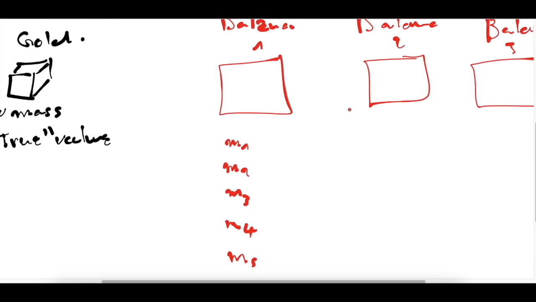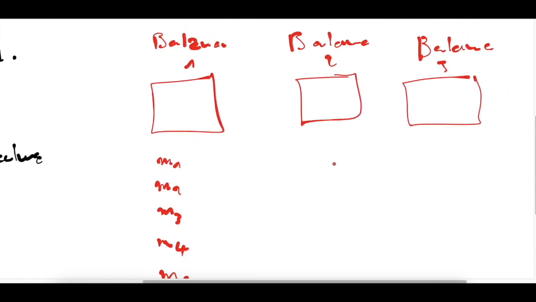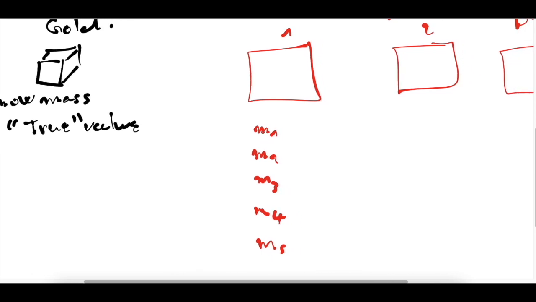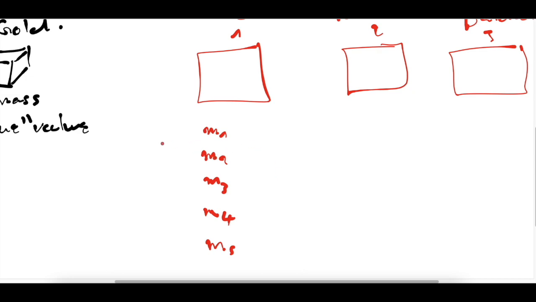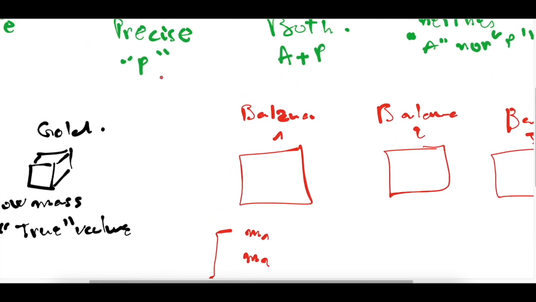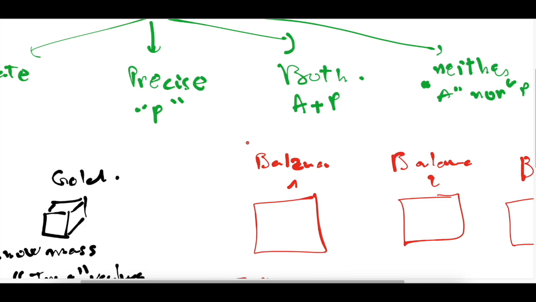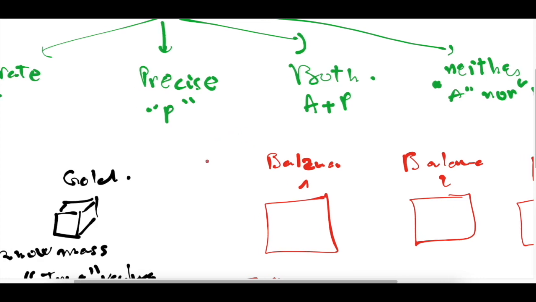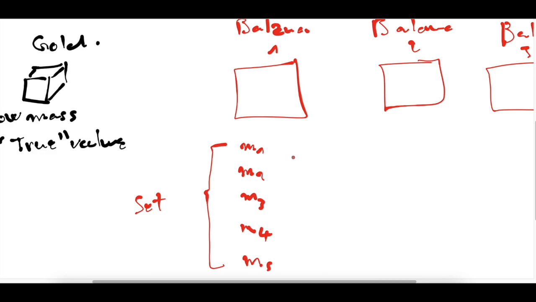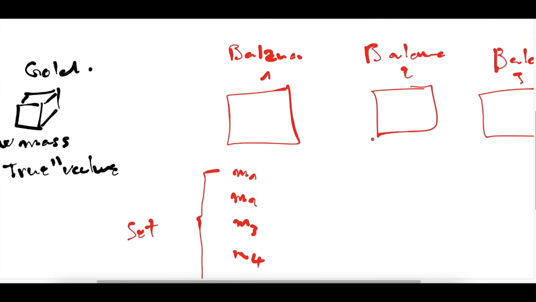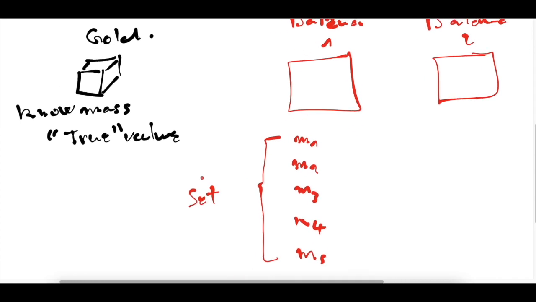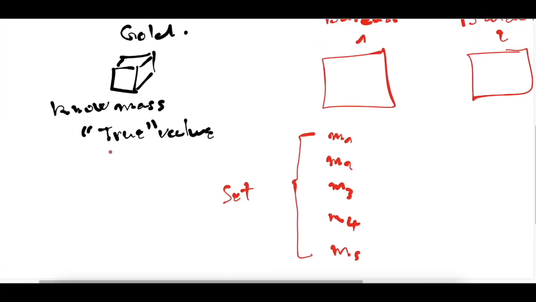And of course, we'll compare between each balance. So each set of measurements will be evaluated in terms of accuracy and precision, and we'll see if they are accurate, precise, or both. And as we carried out these 5 measurements on each balance, we got results, and these results will be compared to the true value.